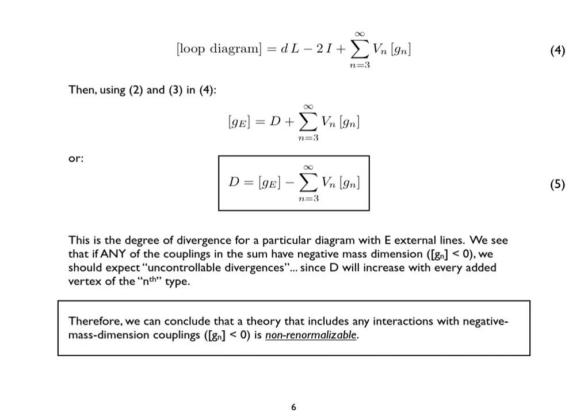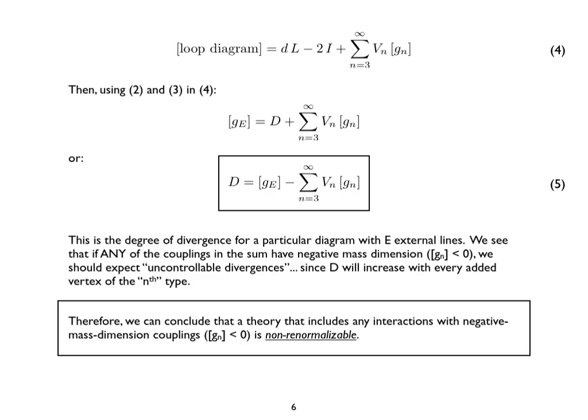So I look at this and I say, oh, this coupling has to have negative mass dimension to cancel off 2 of these, so that this term is mass dimension 4. If you spotted this in a theory, you'd say non-renormalizable. I'm going to get uncontrollable divergences, which sounds like a horrible thing.